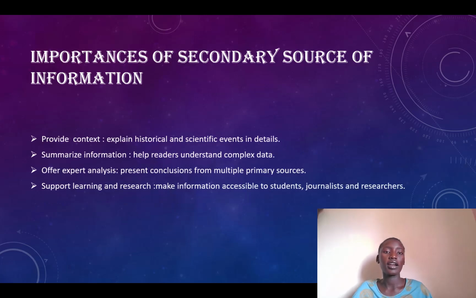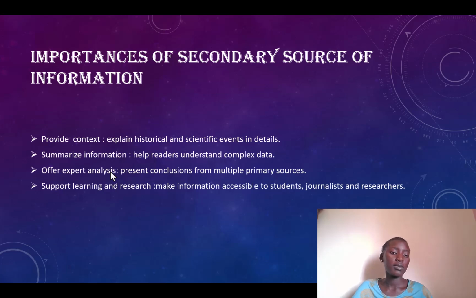So after looking at those examples, the different importances include providing context, that is, they explain historical and scientific events in detail. They also summarize information, helping readers understand complex data. They also offer expert analysis, since they rely on primary sources that are first-hand.